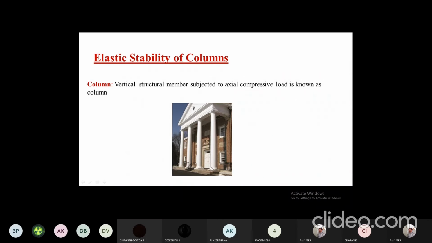If this is the length of the column and this is the cross section of the column, depending on this length and cross section ratio, we define it as a short column or a long column. That is, the ratio of the length of the column to its cross section dimension, we can call it the diameter, length to diameter.